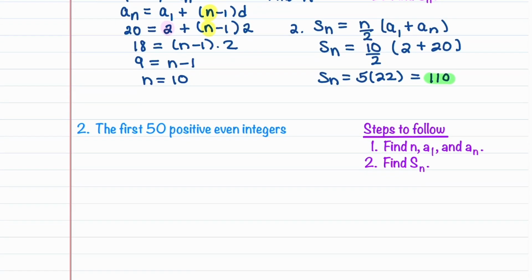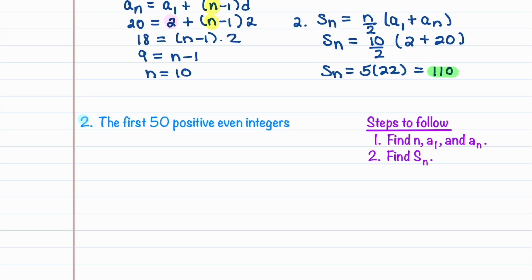Let's now look at our next example. This one is different. We want to find the sum of the first 50 positive even integers. Let's begin by writing down what those integers are. They are 2, 4, 6, all the way up to x, which is our 50th positive even integer.